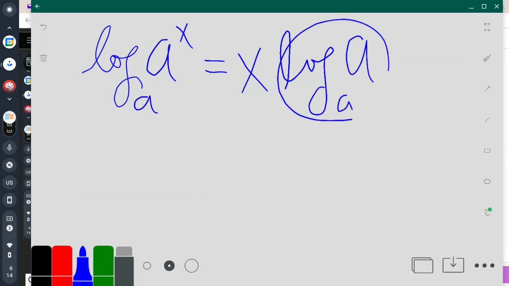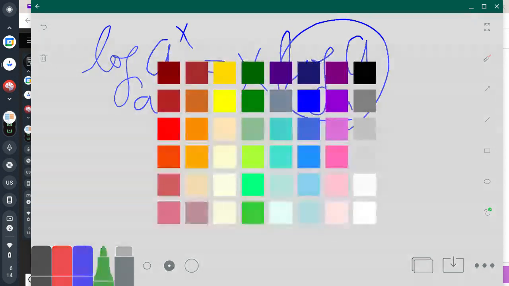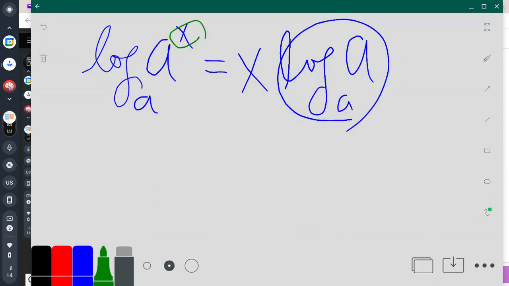When you express any number in log, this exponent can come down just like a coefficient.